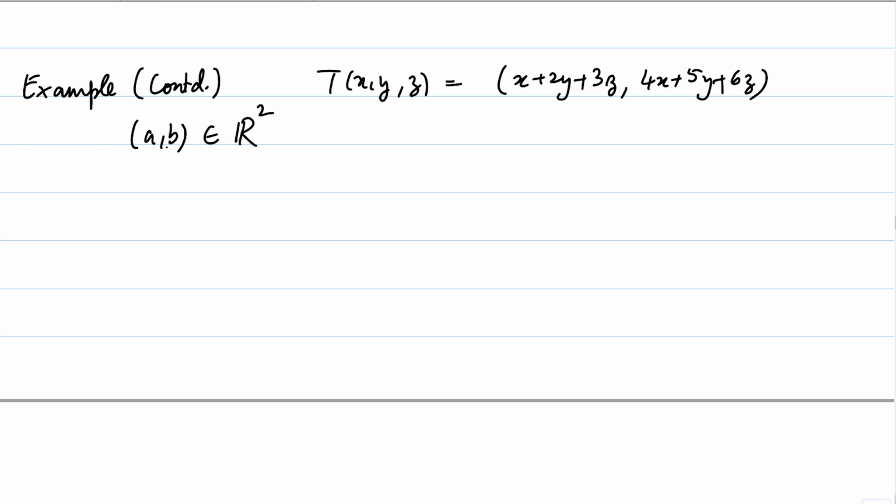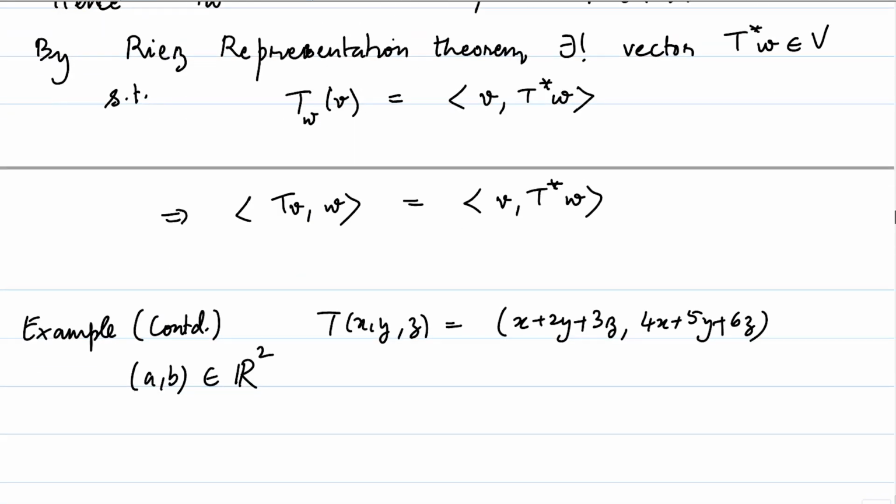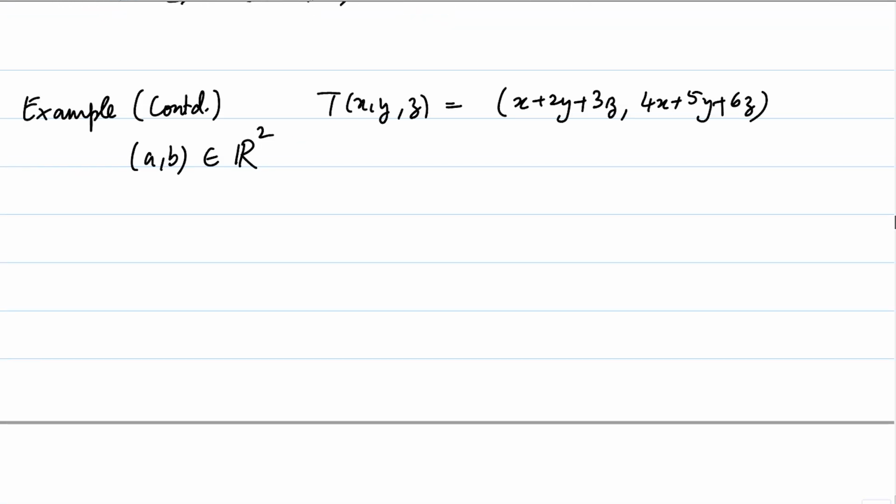So let's see what (a, b) is. (a, b) in R2, we would like to compute what is T star of (a, b). And let's look at the formula just above. T star of (a, b) will satisfy this formula.